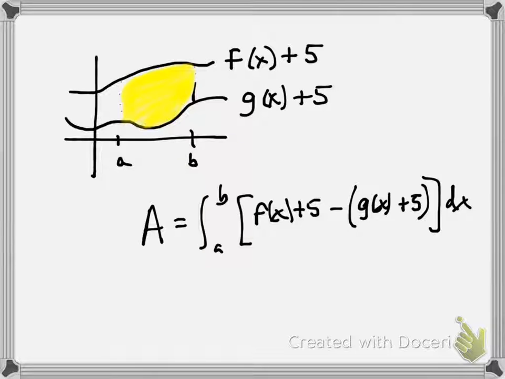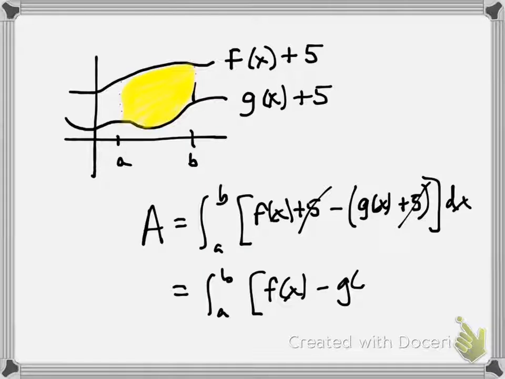And what would happen with the two 5s would be 5 minus 5, and those would just cancel, and we'd really have the same thing as we saw on the previous slide.